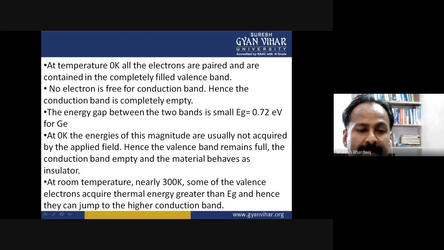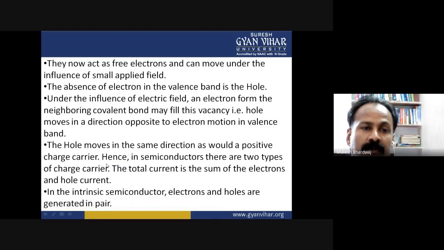Next, they now act as free electrons and can move under the influence of a small applied field. The absence of an electron in the valence band is the hole.